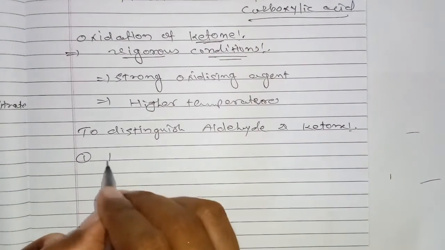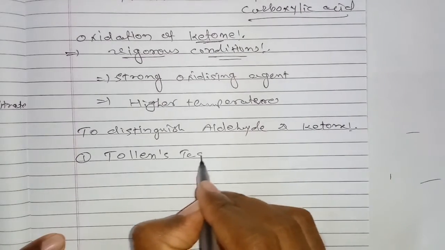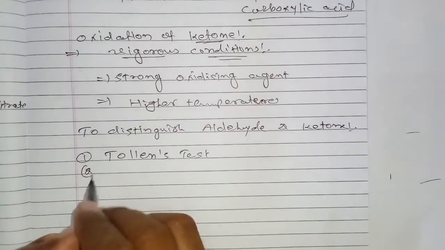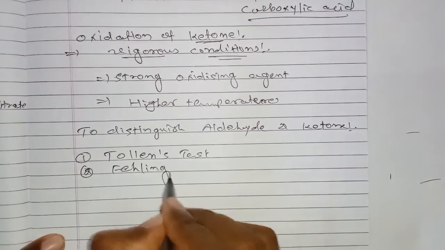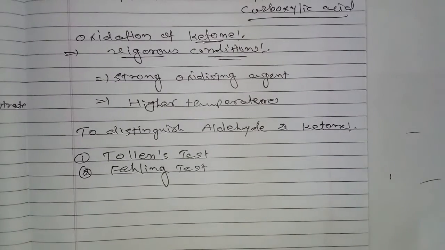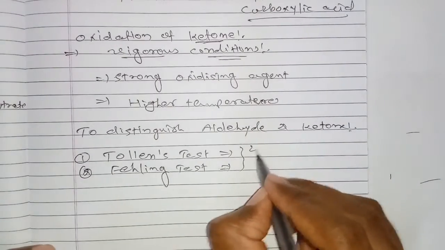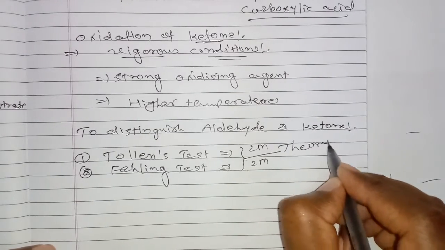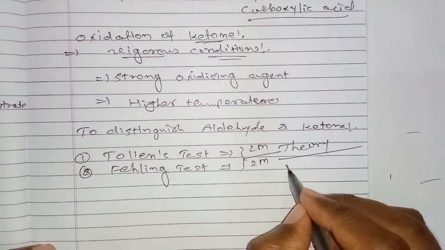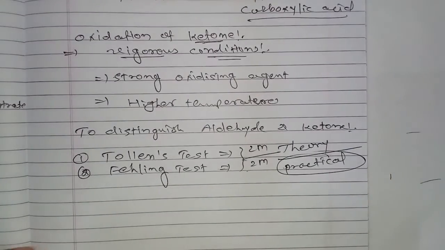Number one is the Tollen test and number two is the Fehling test. This is very important for 2 marks for theory and as well as for the practical also.